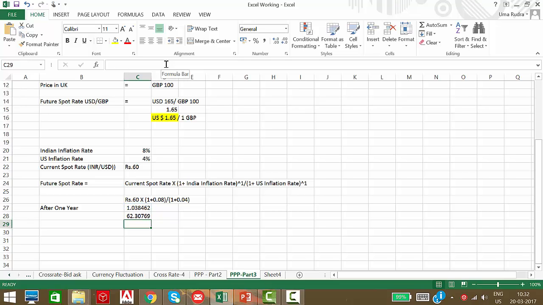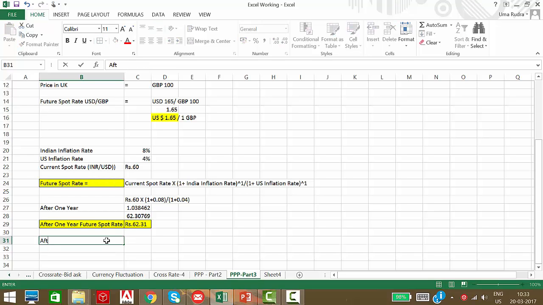After 1 year, the future spot rate as per purchasing power parity theory would be rupees 62.31.